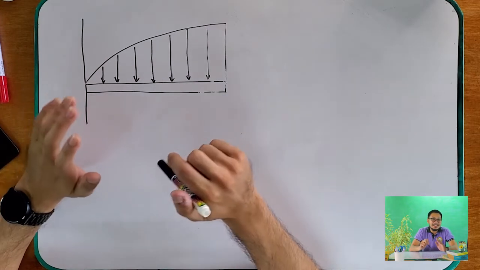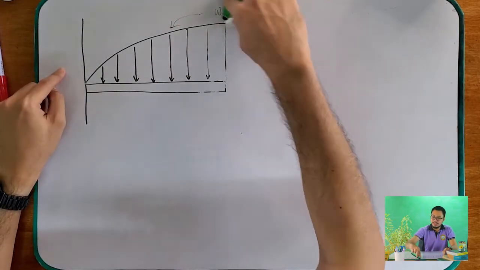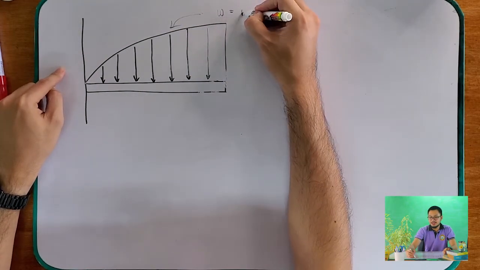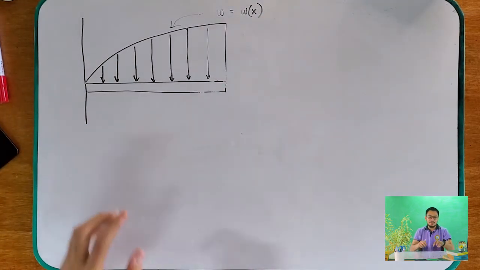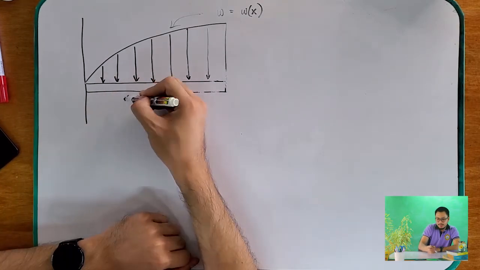Or basically, it has an equation. So, let us say your weight is a function of x. Okay? Again, your weight will depend on what is the location of your x. On some example, aning distributed loading.